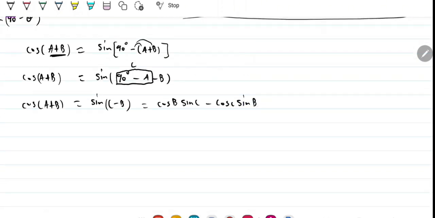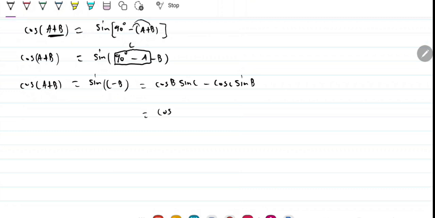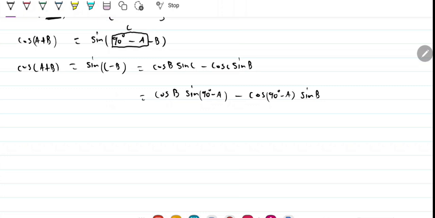Now c was 90 minus a, so let me just write that back. So the cos of b is going to be the sine of 90 minus a minus the cos of 90 minus a, right? Times the sine of b. All right, so this is what we have, right?